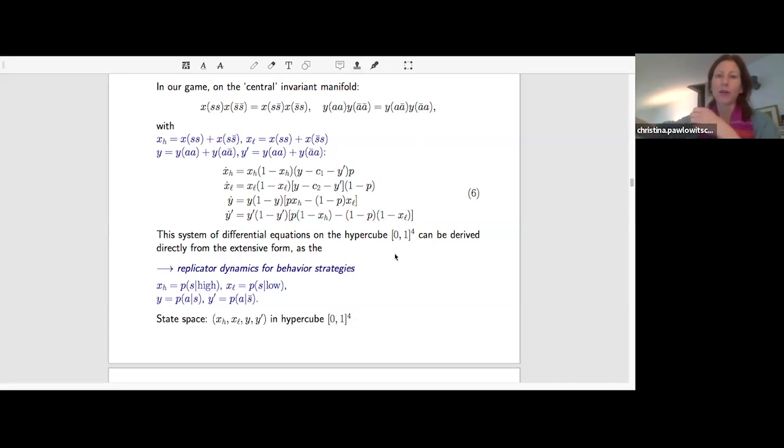So in previous work, often people have just worked with the replicator dynamics in that form by looking at it as a game between four populations.